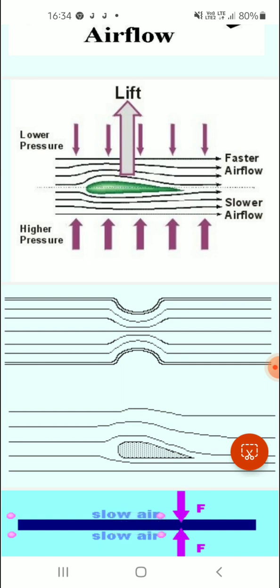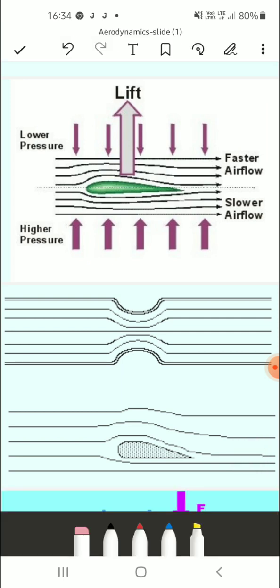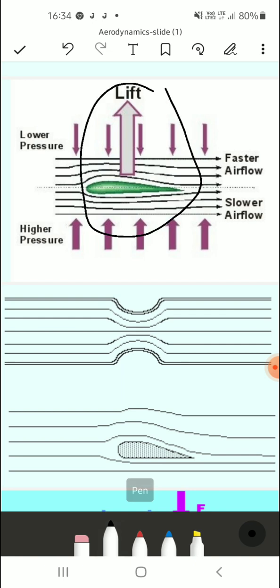Okay, here comes lift. What do you mean by lift? The lift is the mechanical force which works in the upward direction, and the weight is downward, and then thrust and drag.